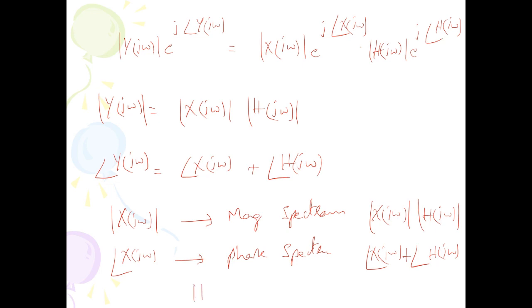That's why H of j omega is called the frequency response of the system. When the input signal is passed through, the system acts as a filter which may boost certain frequency components and attenuate others, depending upon the nature of H of j omega. It also changes the relative phases of various frequency components.